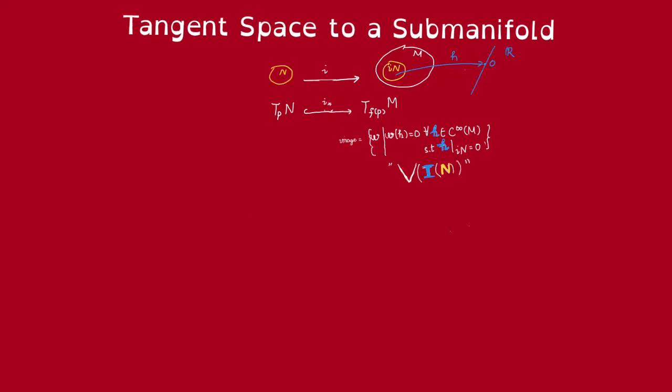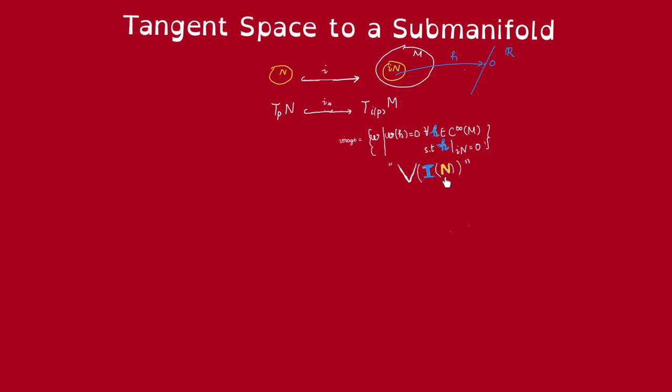Okay, so let's assume that N is an embedded submanifold of M, so we can view this map as the inclusion map. Then we want to characterize the image of this tangent space inside the tangent space of M. In other words, we want to see which tangent vectors of M actually come from a tangent vector here. Which tangent vectors of M are the push forward of a tangent vector here. And the claim is the image of this tangent space is going to consist of tangent vectors of M that vanish on the following ideal.